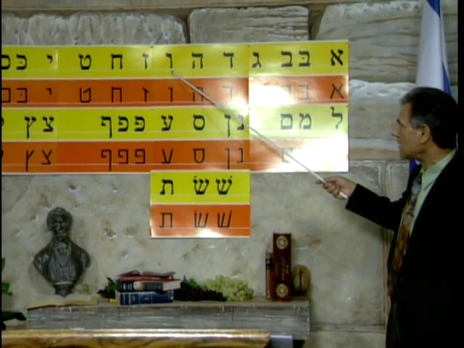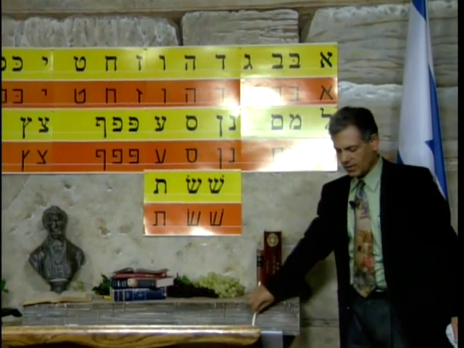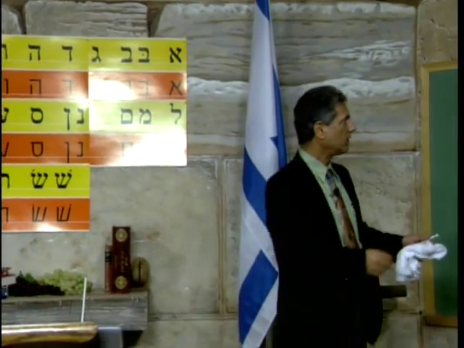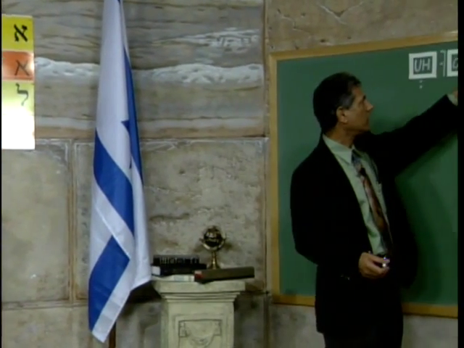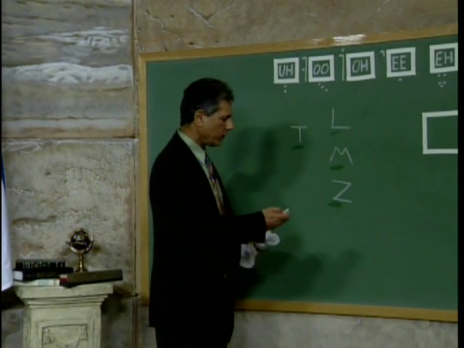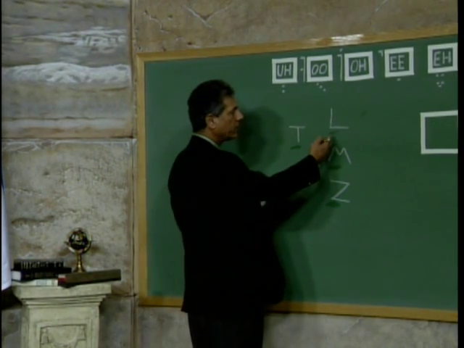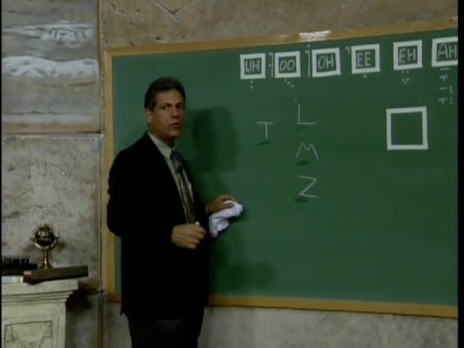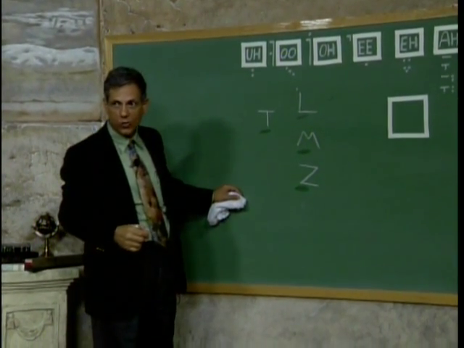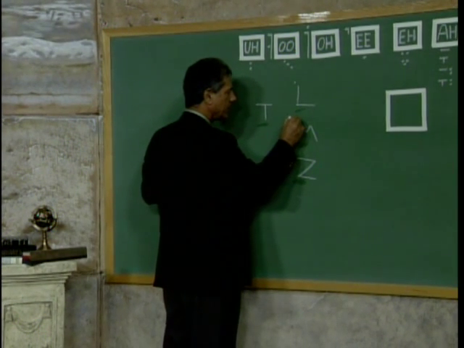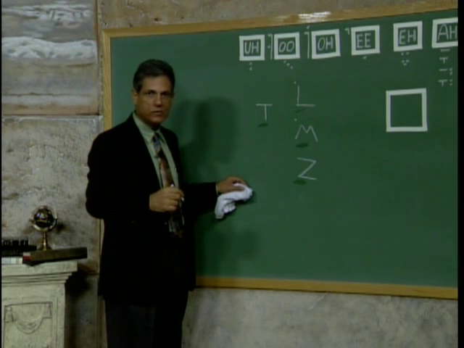So that letter in combination with the dot on top of the letter right here will give you an O sound. So if I take the letter L and I put a dot on top, that will be a Lo sound. If I do the same to the M, I get a Mo sound.